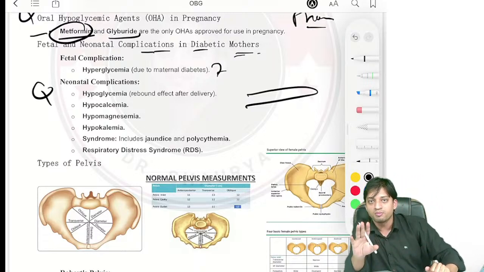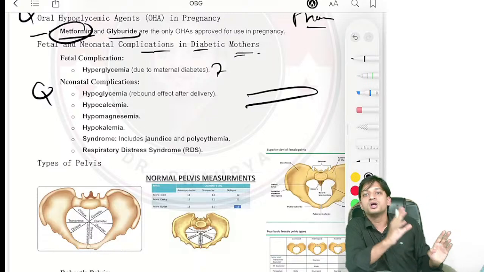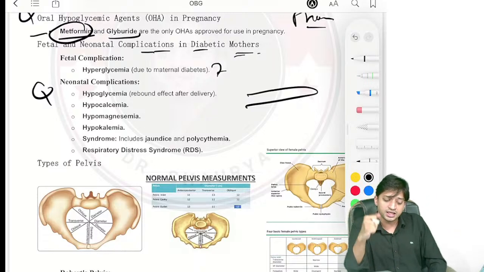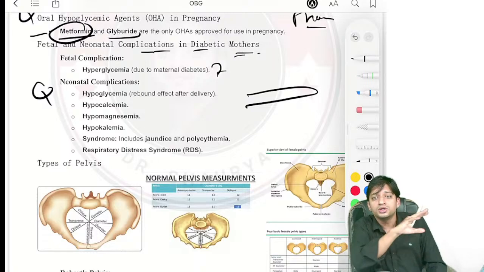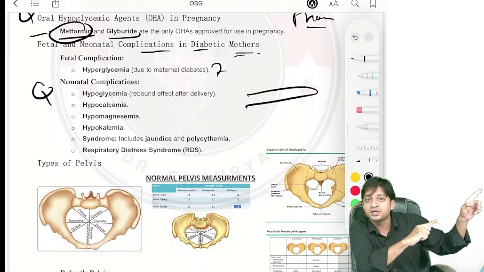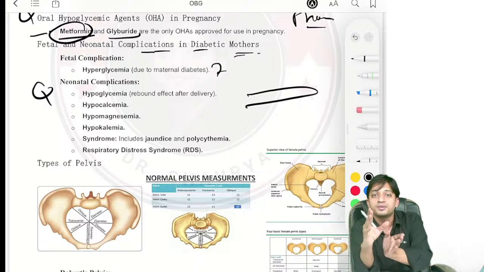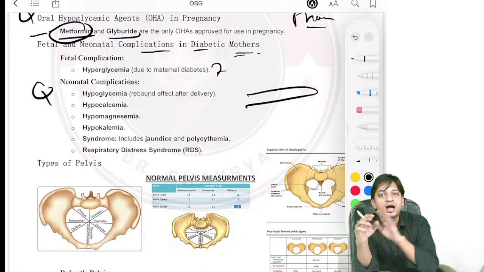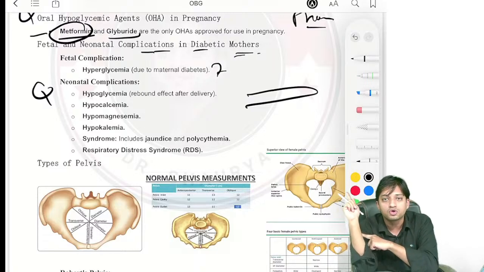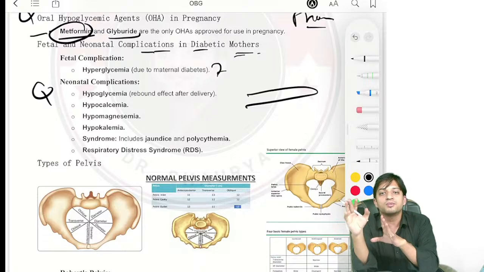You don't have to remember, just understand. As long as the baby was in the mother's womb, it was secreting large amounts of insulin to combat the maternal hyperglycemia. When it came into the outside world, what will happen? The fetus was inside for nine months, so it was habituated to secreting large amounts of insulin.